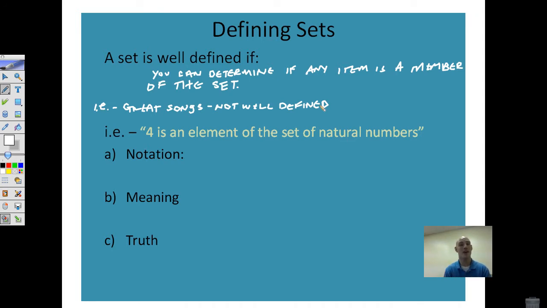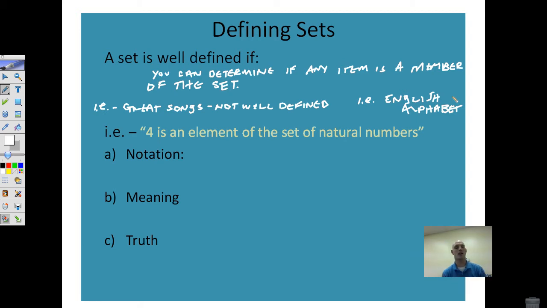So you can't really tell if that's part of the set or not. However, the English alphabet is well defined, because you can tell if something is part of the English alphabet pretty easily.